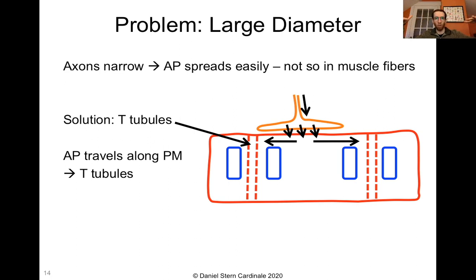So it'll radiate along the surface, but it won't penetrate down into the cytoplasm because the volume is too great. But you still need to depolarize the inside of the cell. The solution to that is the T-tubules that I mentioned earlier. Those greatly increase the surface area of the muscle fibers and allow that action potential to penetrate deep into the cytoplasm.